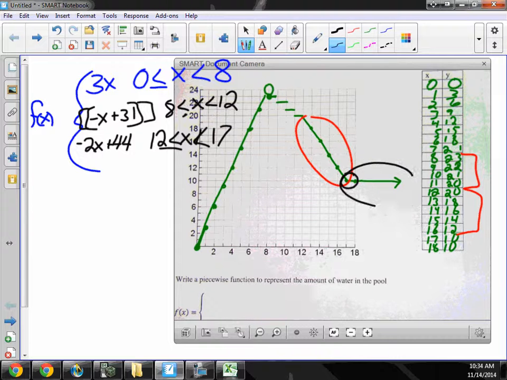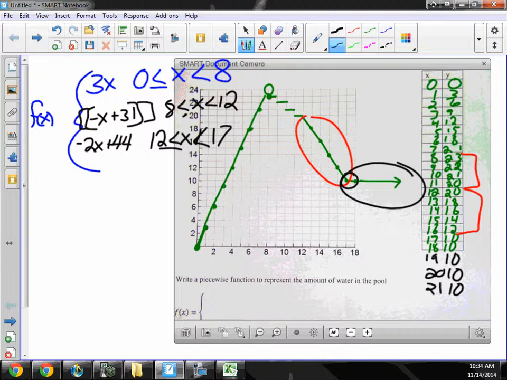What is the equation for this piece? Well, if I were to continue the chart, 19, 10, 20, 10, 21, 10, what's the equation for a line that has nothing but 10s on it? It's just y equals 10.